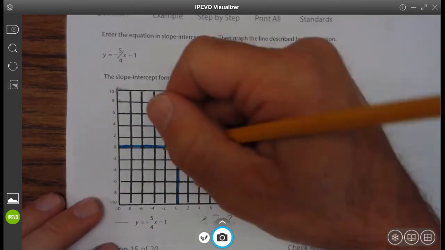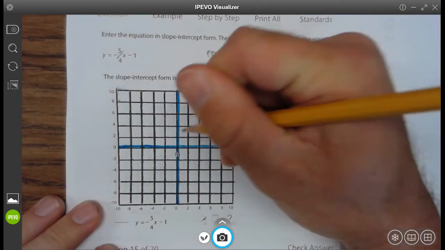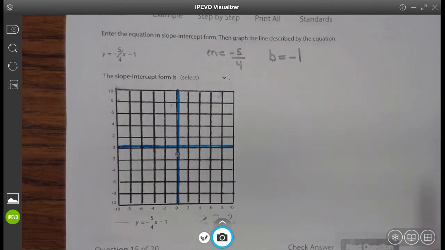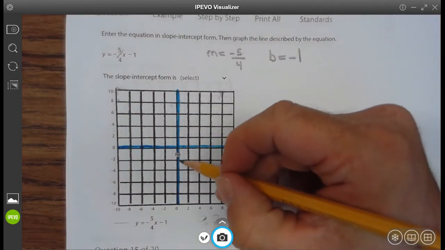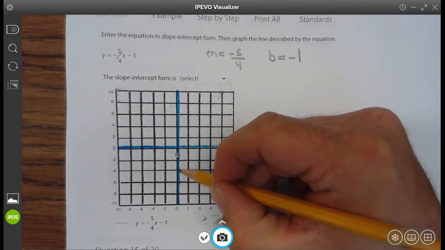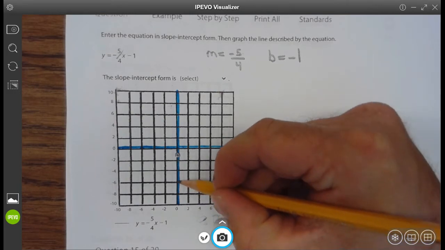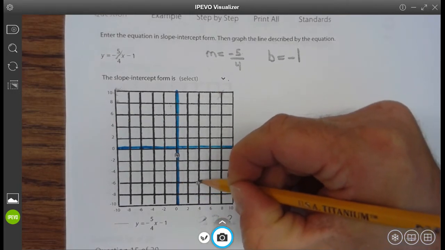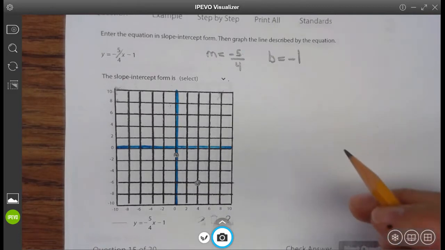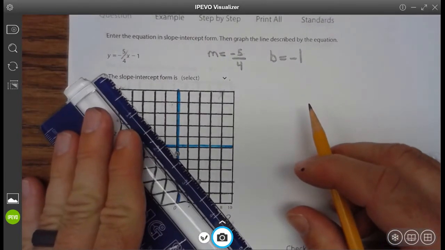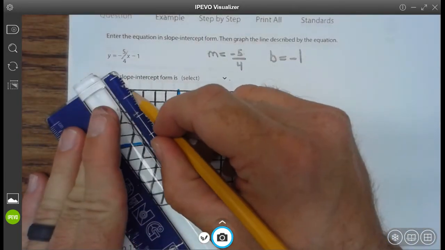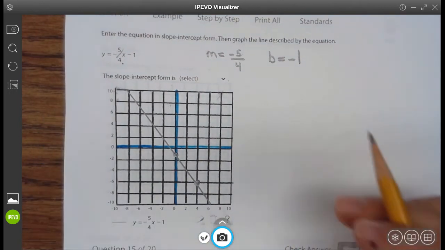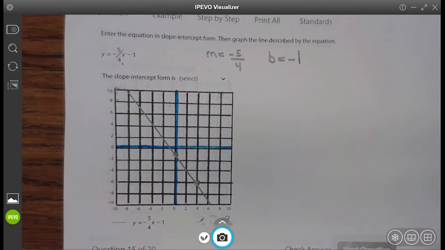So we start at 0, -1. But here we're going down 5. So down 1, 2, 3, 4, 5 to the right 4. And then there's our 2 points for our line. All right, go and finish up example 15.